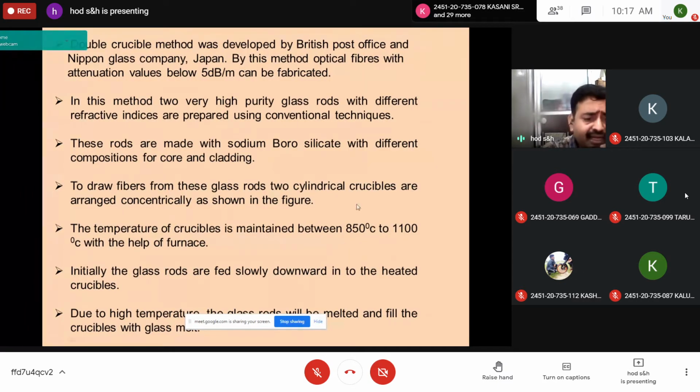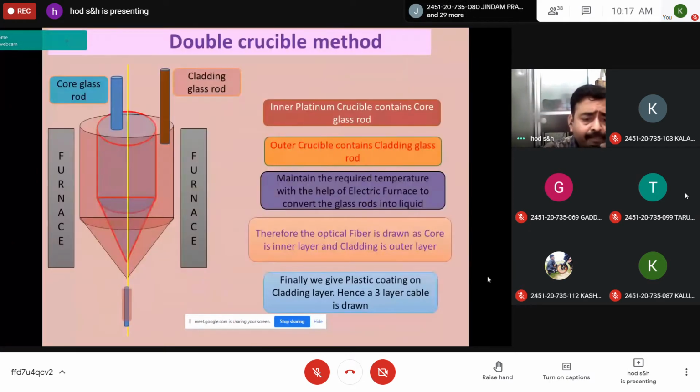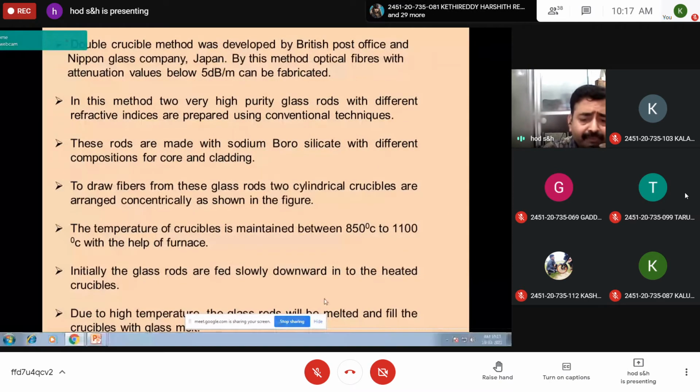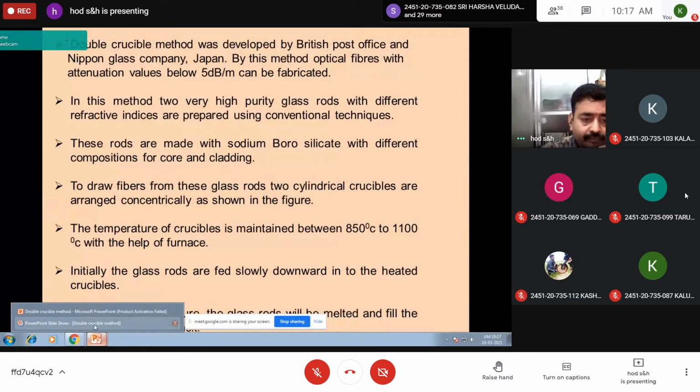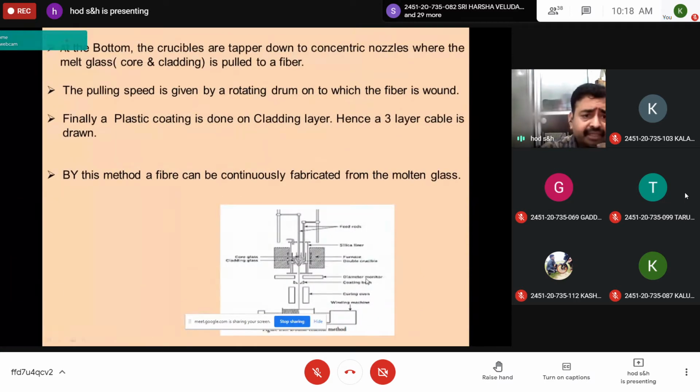So initially the glass rods are fed slowly downward in the heated crucibles. Due to high temperature, the glass rod will be melted and fill the crucibles with molten glass. Then at the bottom, the crucibles are tapered down to concentric nozzles. Small concentric nozzles are there where melted glass is pulled to a fiber, so that the cladding surrounds the core, and the pulling speed is given by the rotating drum onto which the fiber is wound.